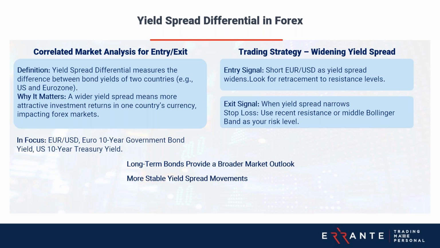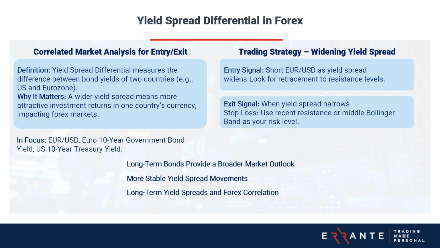Forex traders often use the yield spread between long-term bonds because the moves reflect deeper economic trends that align with sustained currency movement. And short-term yields are more volatile and can be influenced by short-term liquidity issues or short-term shifts in monetary policy, which may not always translate into sustained currency trends.